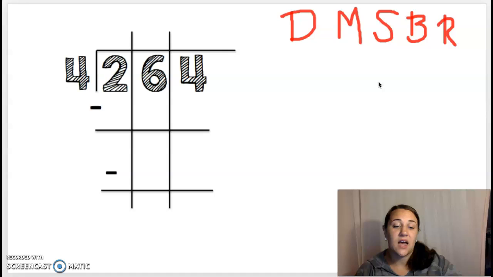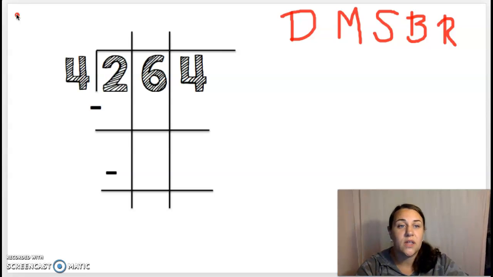And the next thing I'm going to do, just to make it a little easier for us, I'm going to remember and write down my multiples of 4. So I remember, when I start with my multiples of 4 or skip counting by 4, I start with the number 4. Easy peasy.